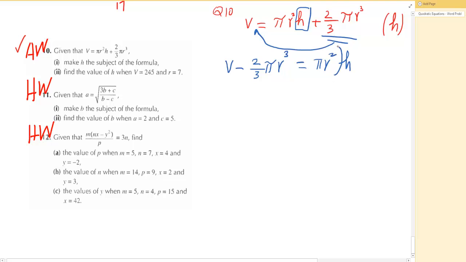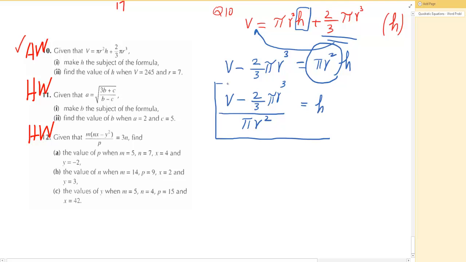And now we have to shift this one, which is multiplying with h, so it will be in the denominator. V minus 2 over 3 pi r cube, with a fraction line, over pi r square. So this is our final formula. In this formula, H is the subject. So we have done the first part.